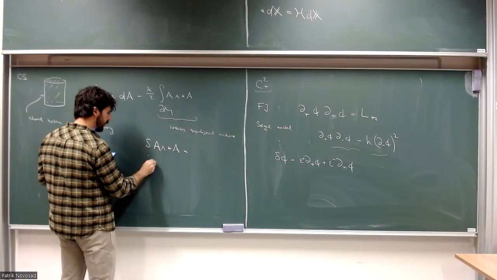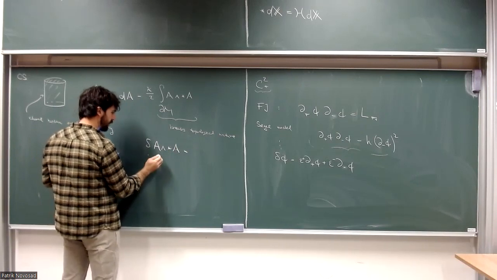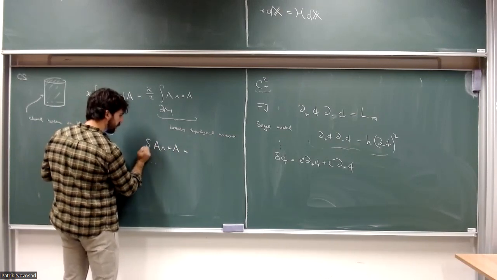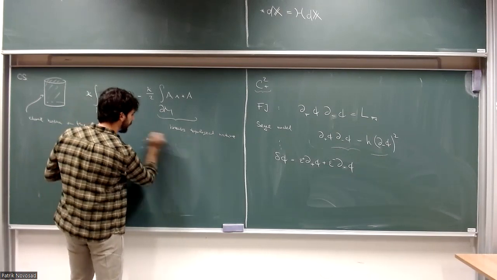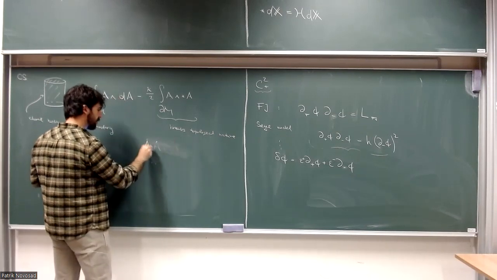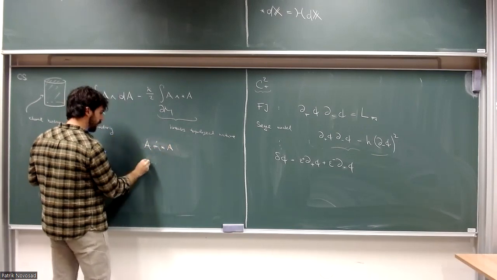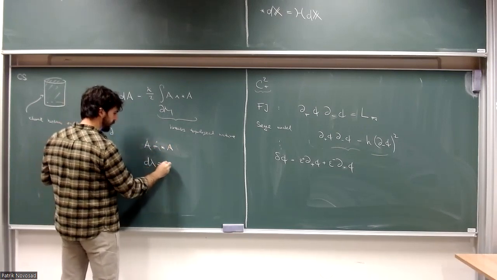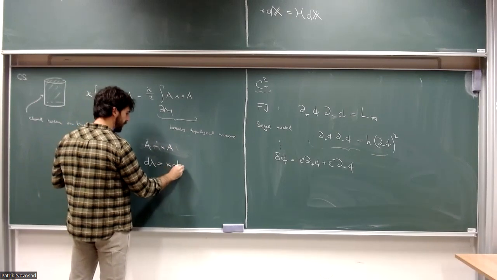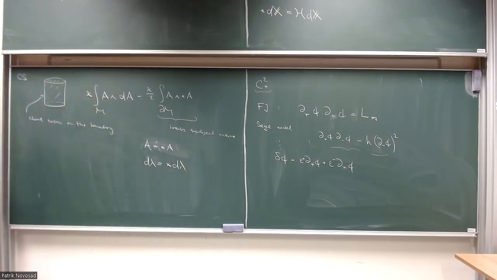We get E lambda, and maybe it's easier. So this basically enforces the boundary condition like this. And you see that this boundary condition is only preserved by lambdas which satisfy its locality.